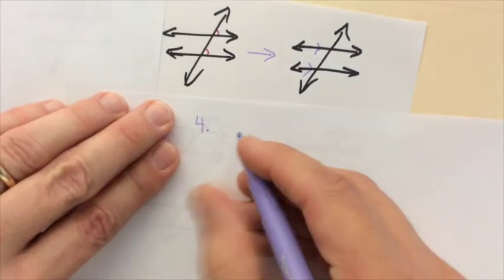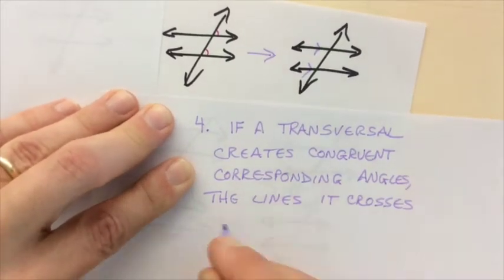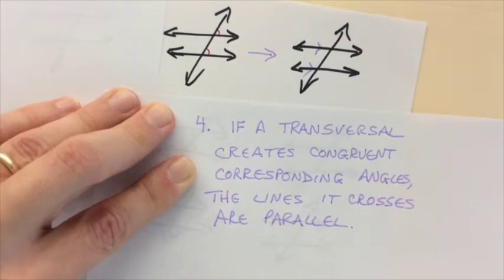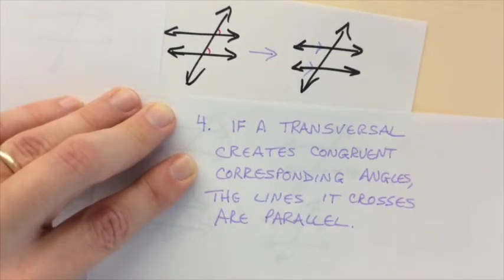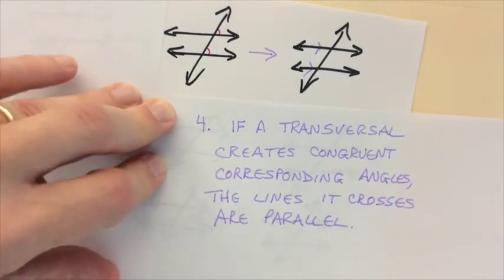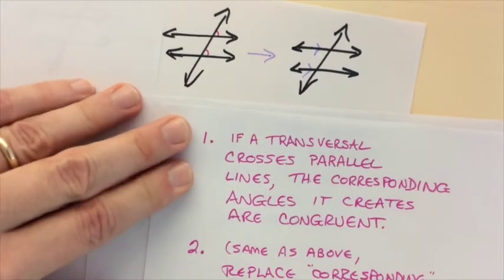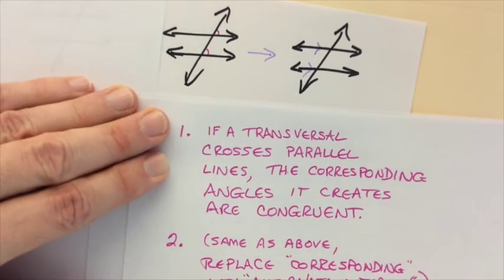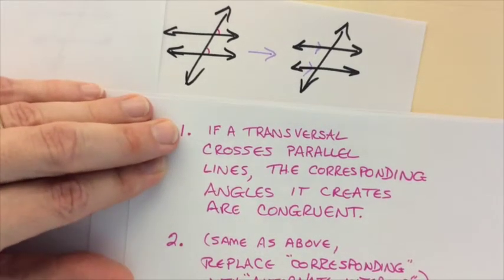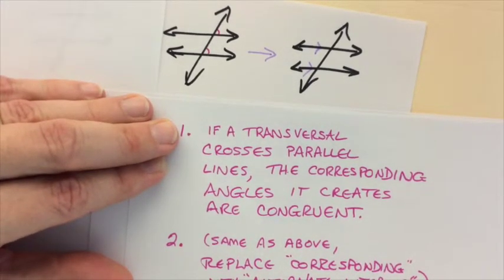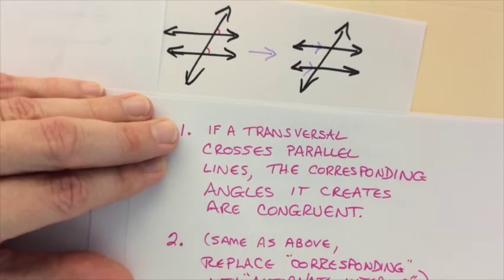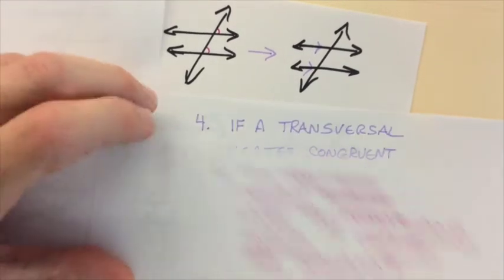Fact 4. That's like number 1 switched around. Number 1: if a transversal crosses parallel lines, the corresponding angles it creates are congruent. Number 4.